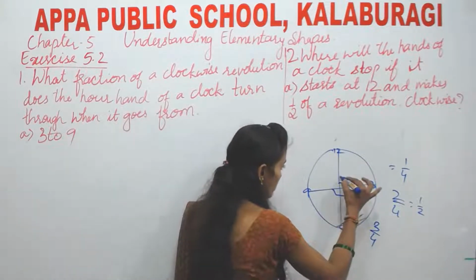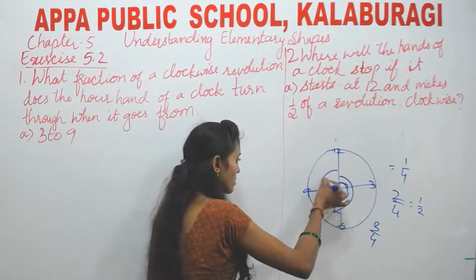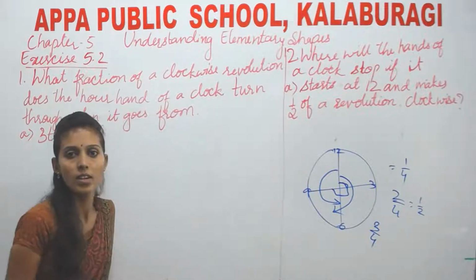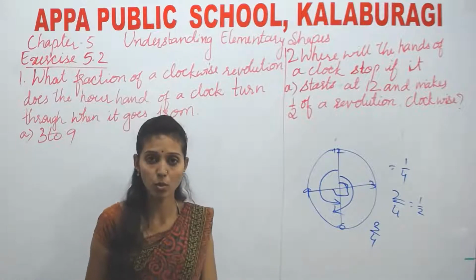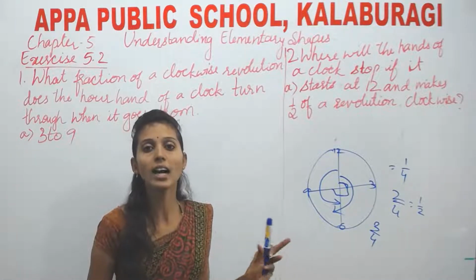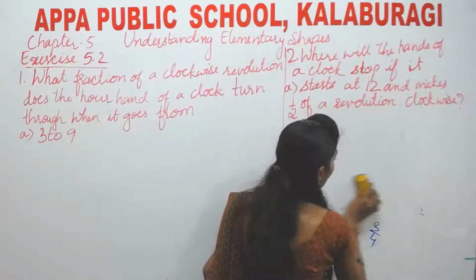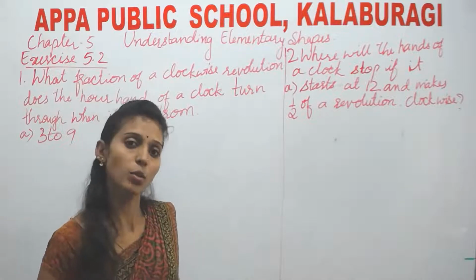That is clockwise. Okay. If it moves anti-clockwise like this, in reverse. Okay. So this whole exercise is completely based on revolution, that too under clock and direction. Okay. Come on, let us start. See, I'll use this wall clock also.